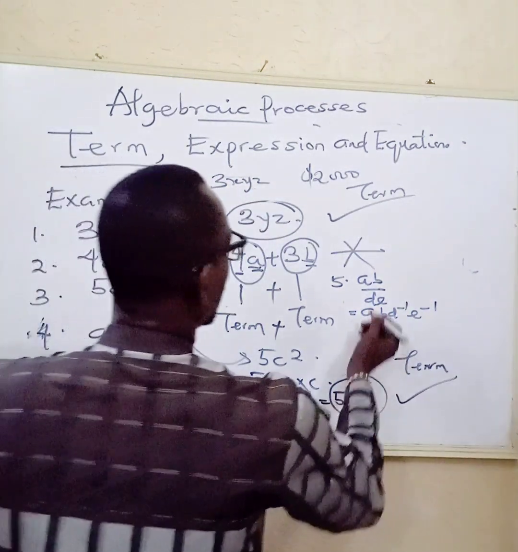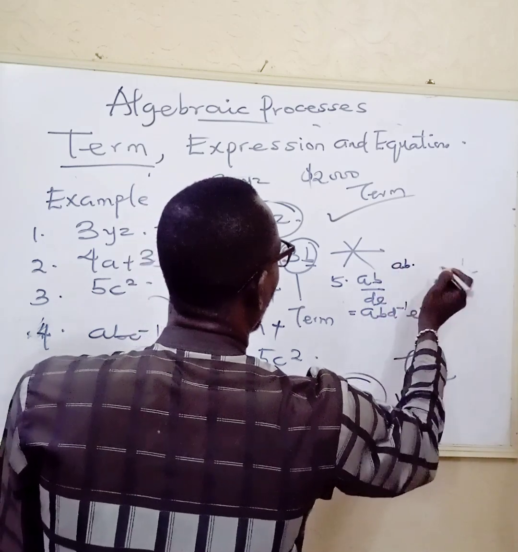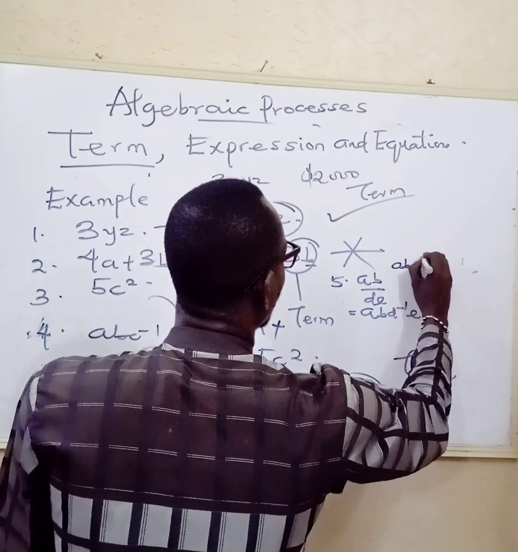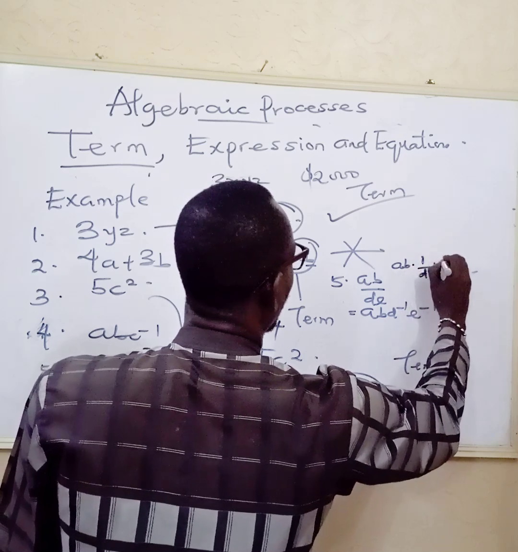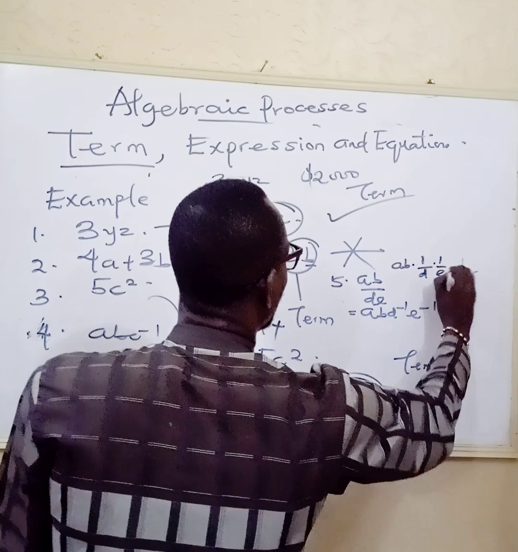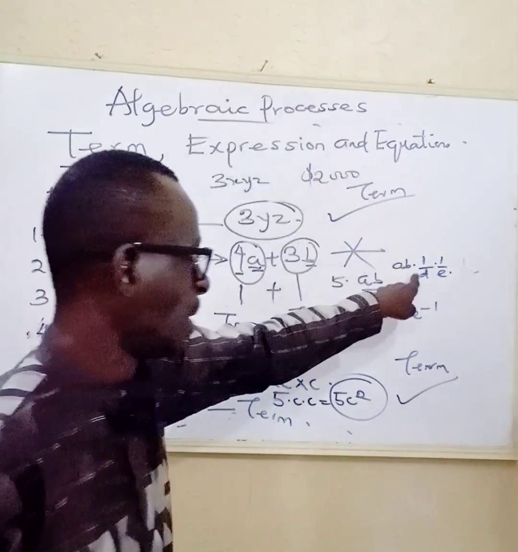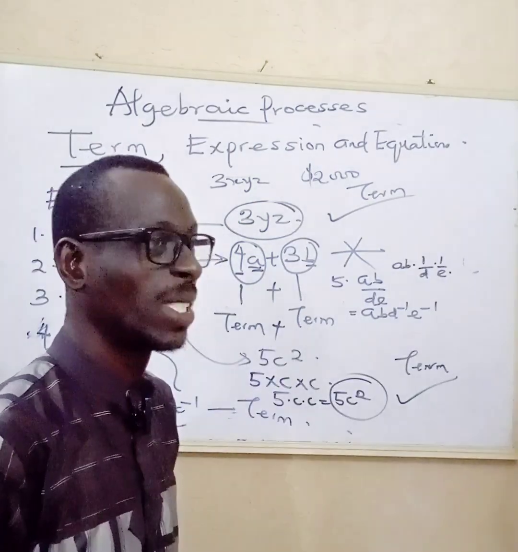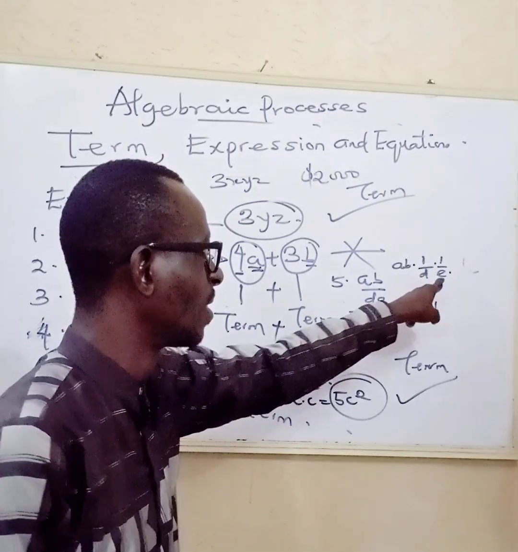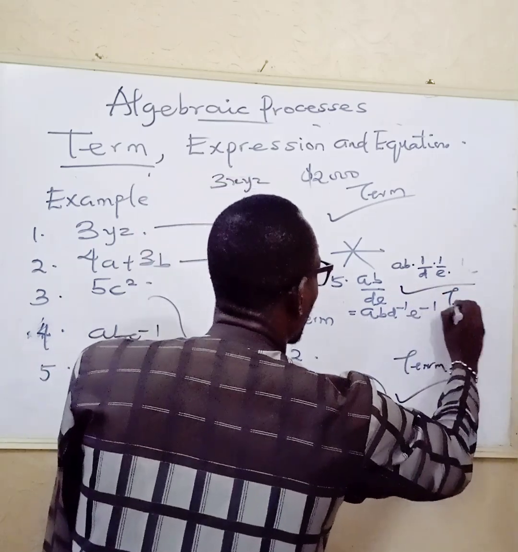Because it's just the same thing as ab multiplied by 1 all over d, multiplied by 1 all over e. Because under the operator multiplication, a term is also always a term under the operator division. So this makes it a term.